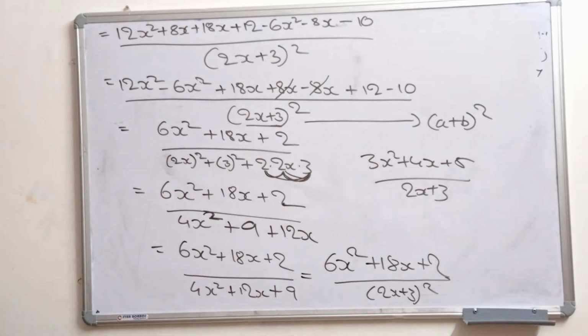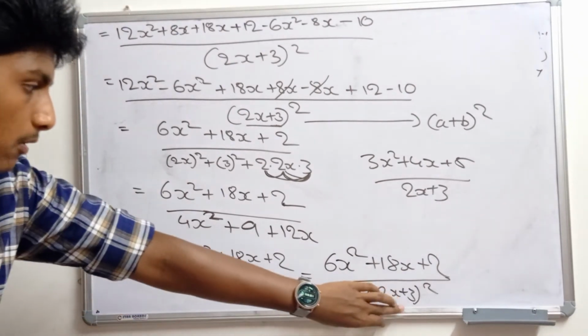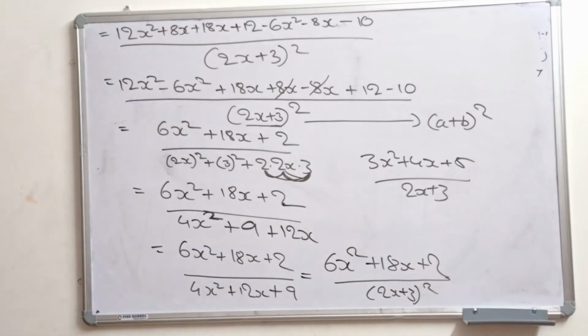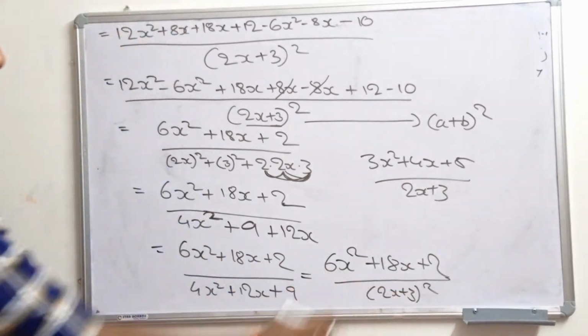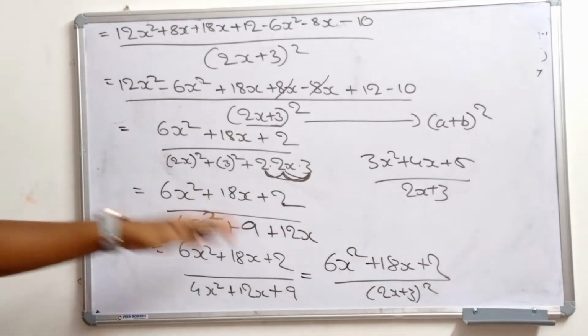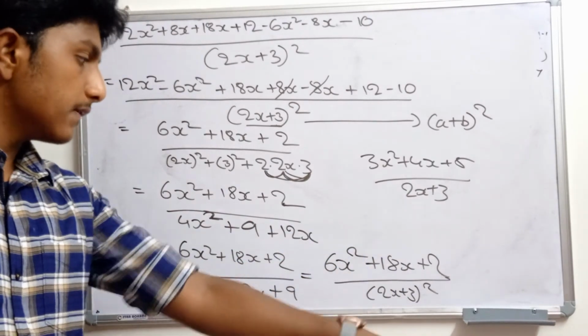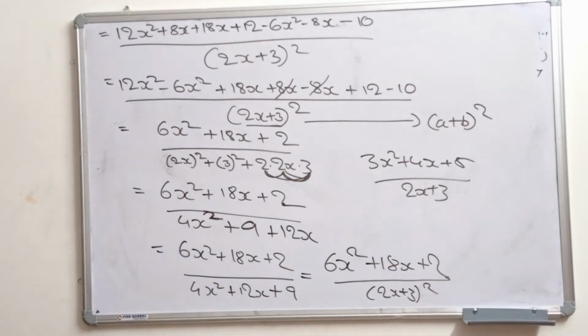You can take 2 common if any term is being cancelled in the denominator, but because there is no cancellation done here, you can leave this numerator without taking common, guys. Is it clear?